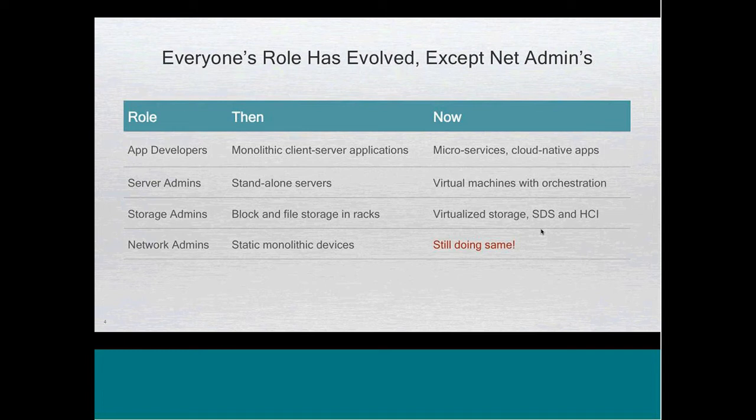Now with virtual machines and VMware, the server admin is able to manage a lot more virtual servers with orchestration, and that number has gone up from 50 standalone servers to anywhere in hundreds of virtual machines. The storage admin, their role has changed quite a bit too, from block and file storage equipment in racks to virtualized storage with software-defined storage as well as hyperconverged infrastructure.